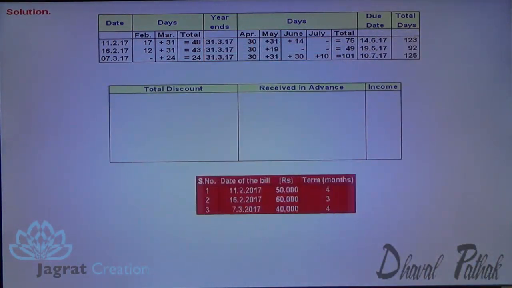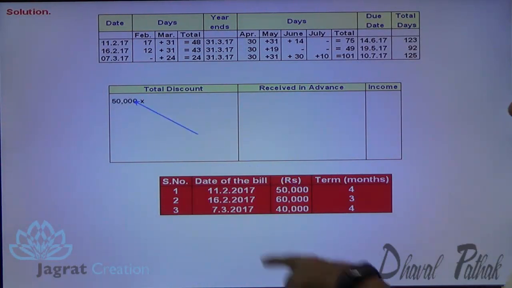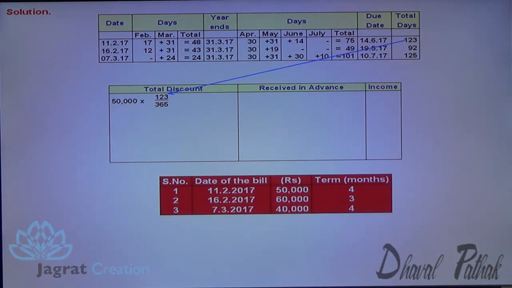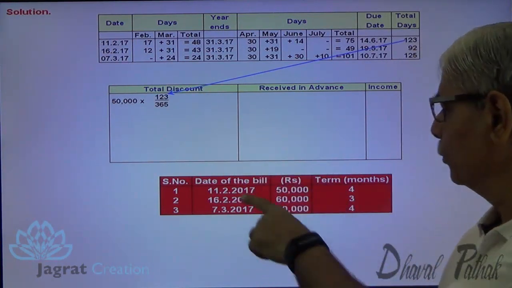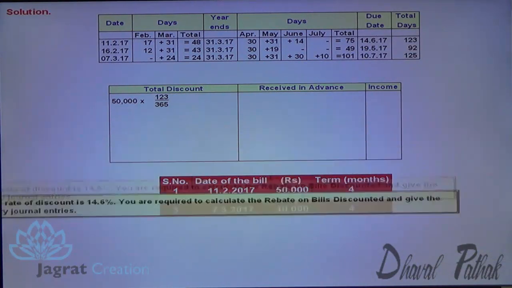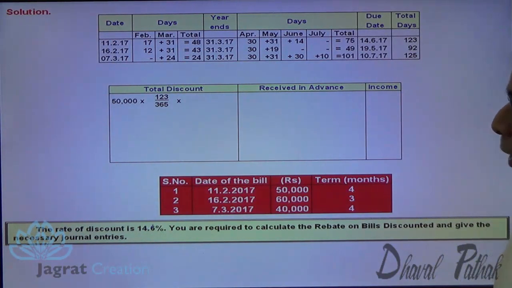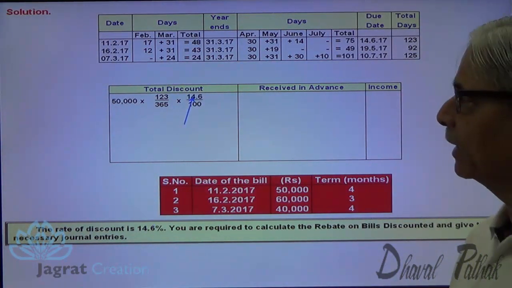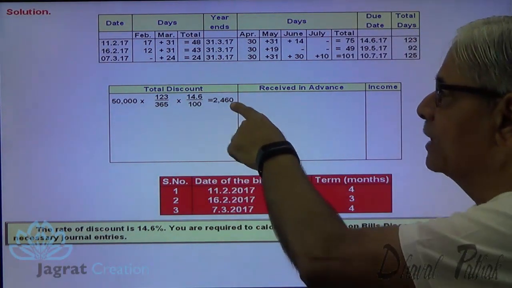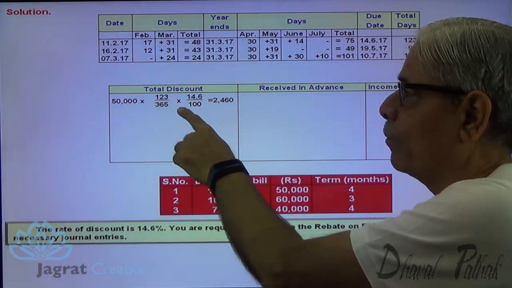Now let me calculate the discount. First bill, 50,000. Total number of days are 123, so 123 upon 365. The rate of discount is given in the sum, 14.6%, so 14.6 divided by 100. So the total discount received is 2,460.